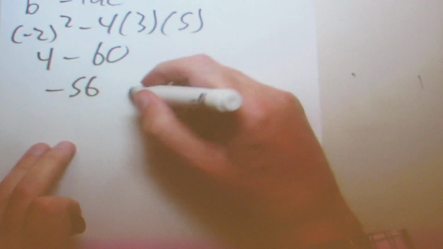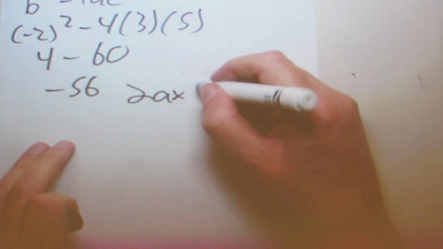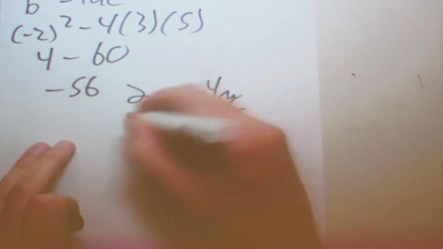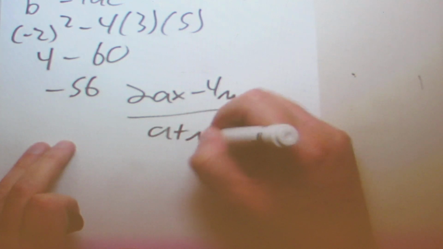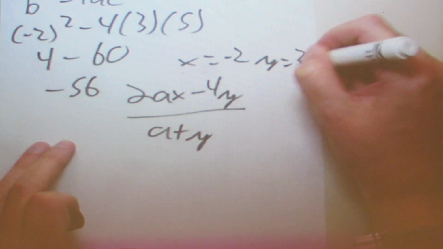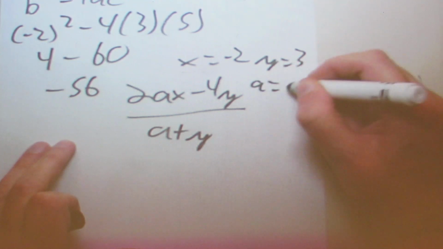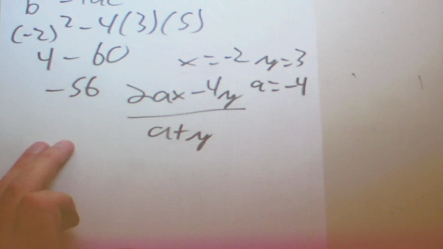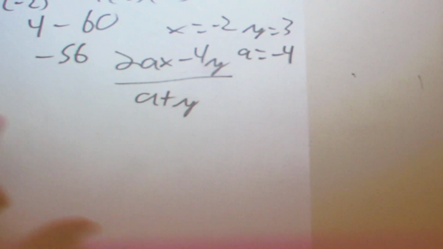Next, let's say you have 2ax minus 4y over a plus y. If x equals -2, y equals 3, and a equals -4. So we're going to substitute those numbers in.